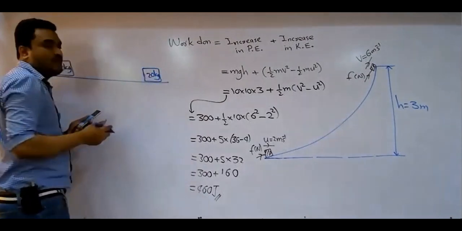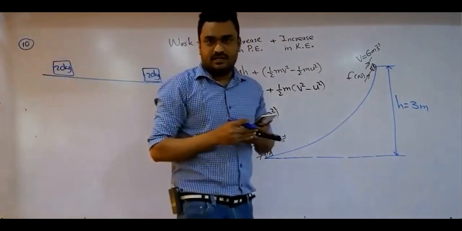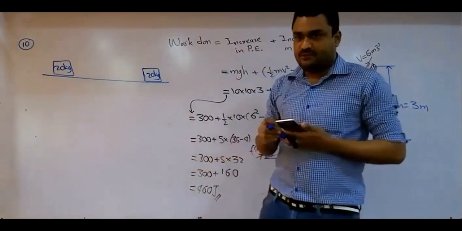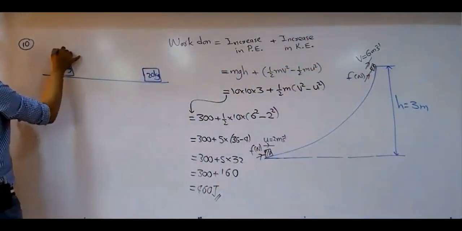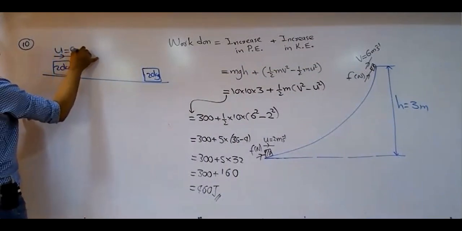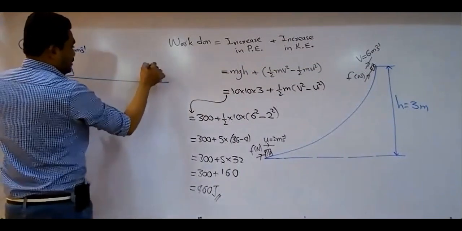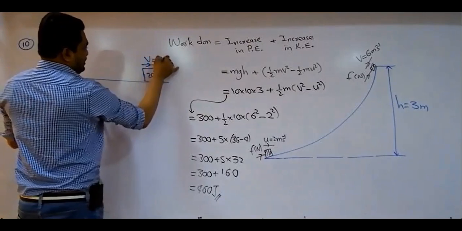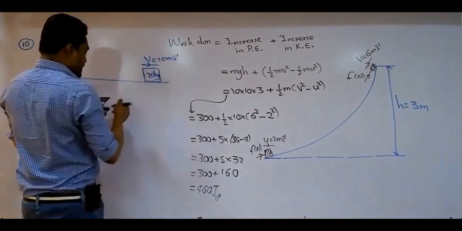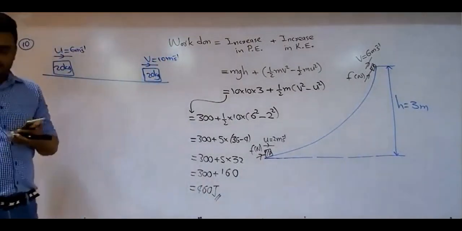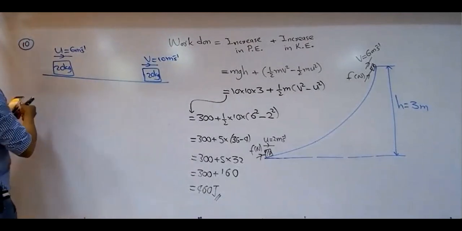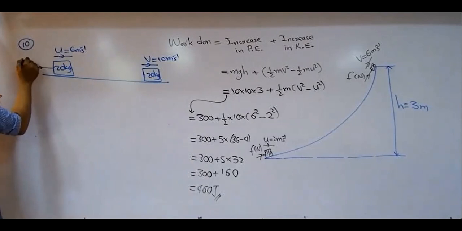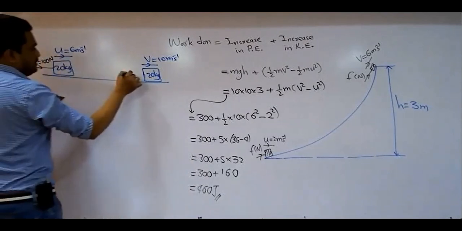So if they ask us to find the coefficient of friction, it means there should be a friction force, right? So let me mark the initial velocity u as 6 meter per second, v as 10 meter per second. If all these data are given, please draw the figure. Draw the figure and mark the given things, and the external force is 100 Newton.